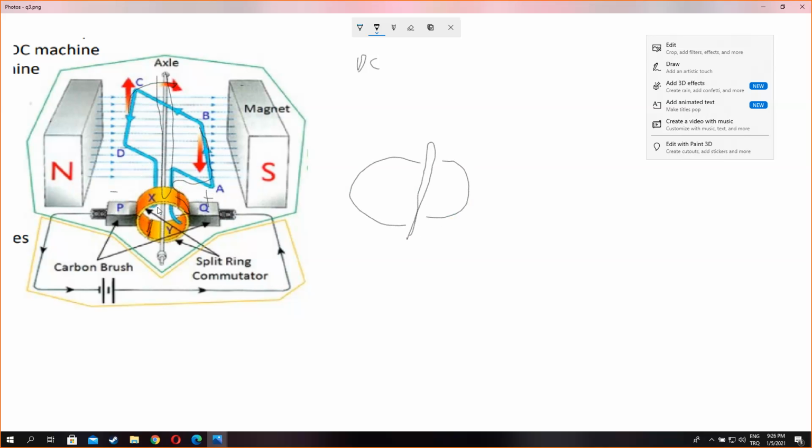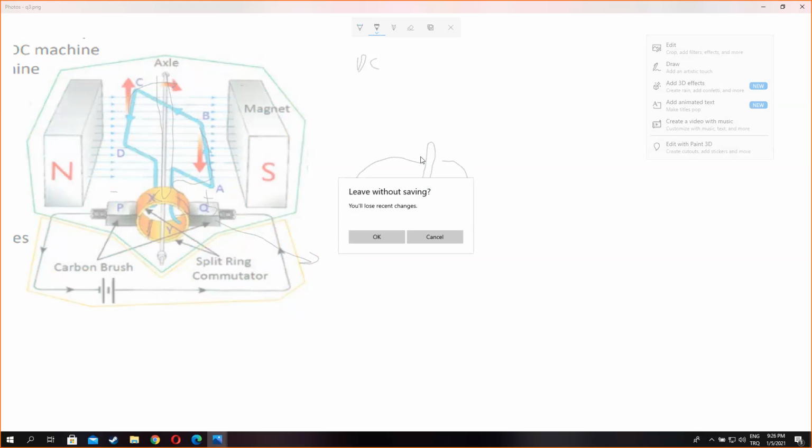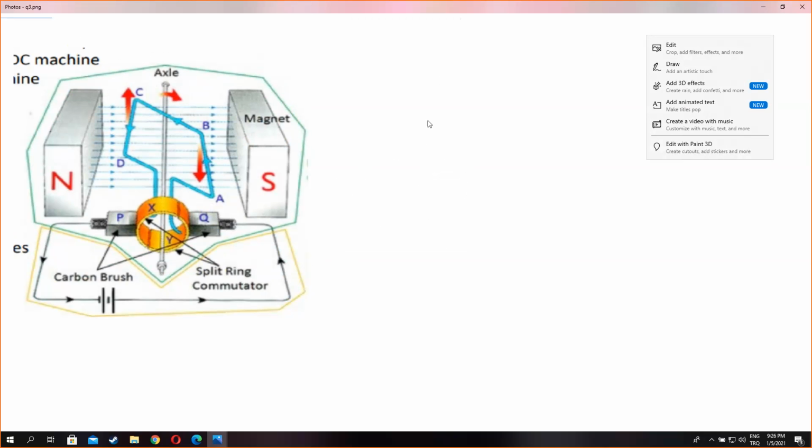After that point, the X component starts to touch the plus terminal of the voltage source, and the Y component of the commutator starts to touch the negative terminal of the voltage source. As can be seen clearly, the brush is stationary and the commutator is rotating. So let me move to the fourth question.